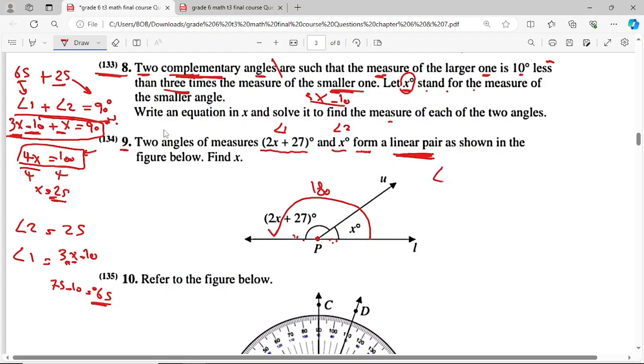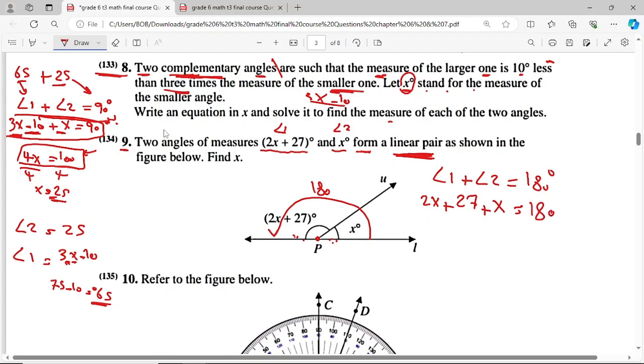That means angle 1 plus angle 2 equals 180. Now angle 1, 2x plus 27, plus angle 2, x, will equal 180.